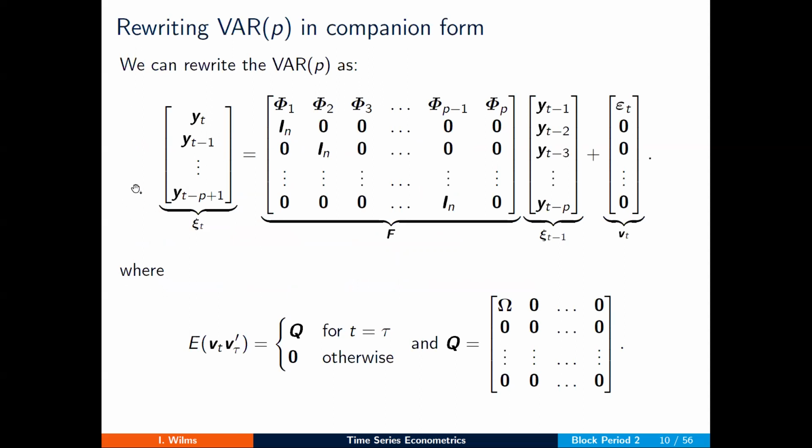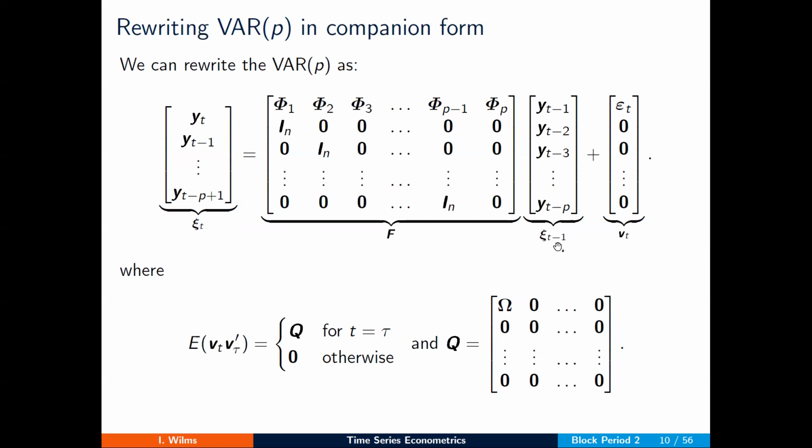Like we did last week for the AR models, we can evaluate stability of a VAR by rewriting it in companion form, where we stack the p values of the vector yt on the left-hand side. And we call this new long vector xit. The companion form then writes down the AR1 or VAR1 type of representation for this new vector xit.